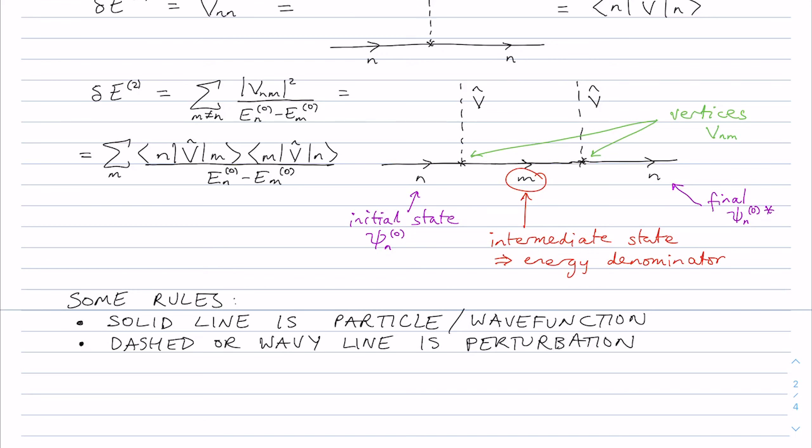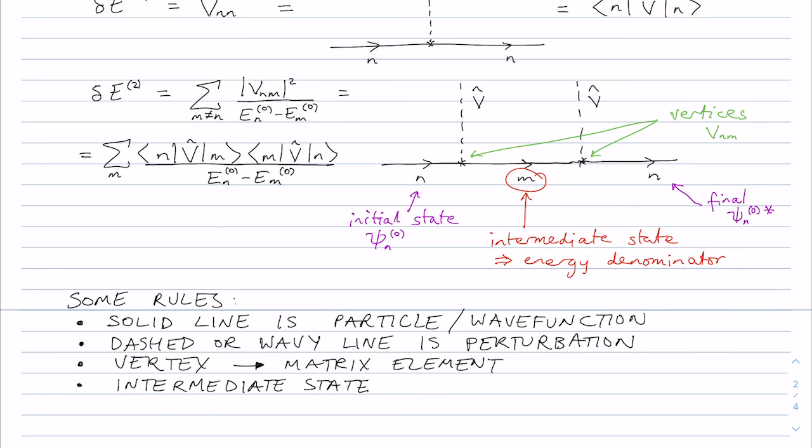You have a rule that says every vertex gives you a matrix element. And the intermediate state gives you a sum and an energy denominator.